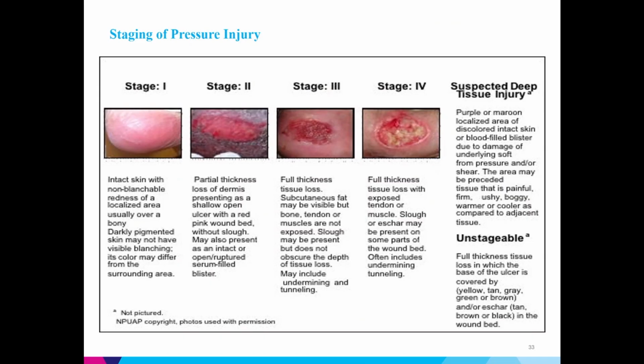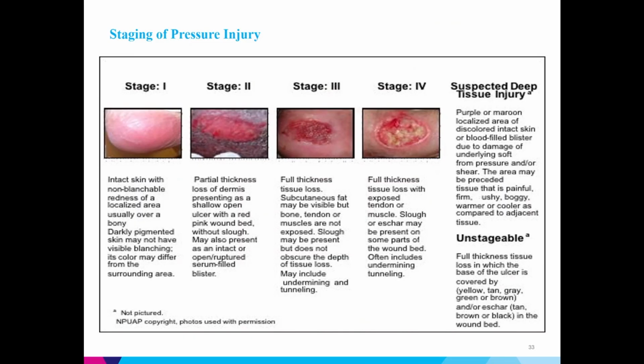Other types of injury described are deep tissue injury, where there is a purple or maroon localized area, or a blood-filled blister due to damage from the underlying tissue, or unstageable, where there is full thickness tissue loss and the ulcer itself is covered by a yellow, tan, or gray wound bed, or oftentimes an eschar.